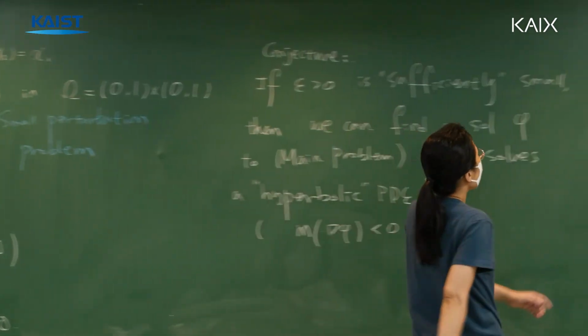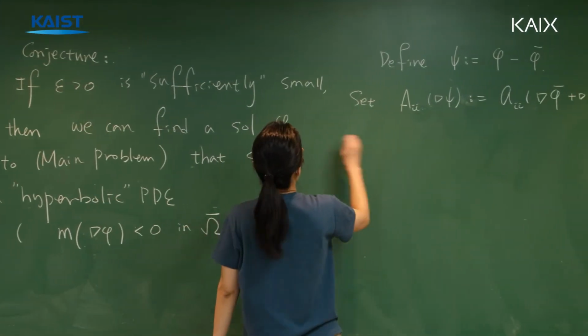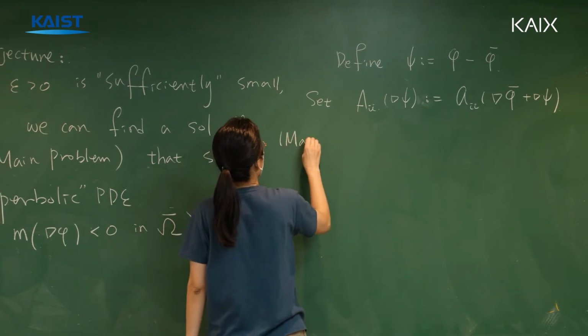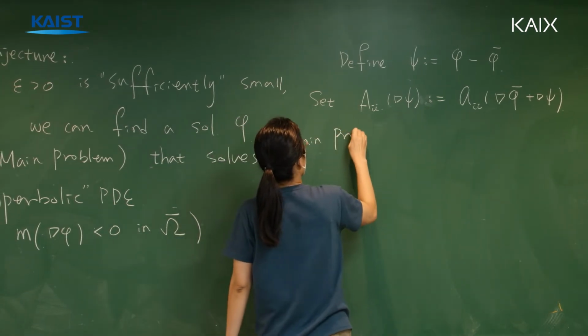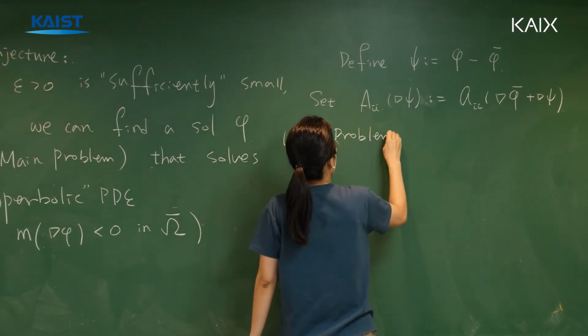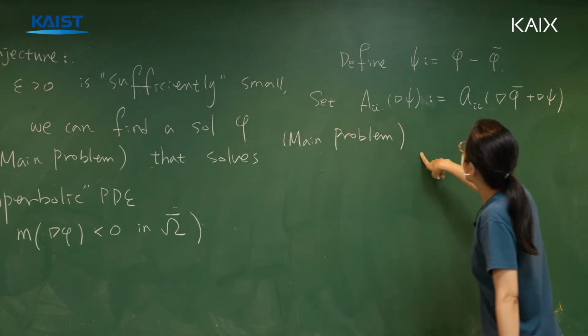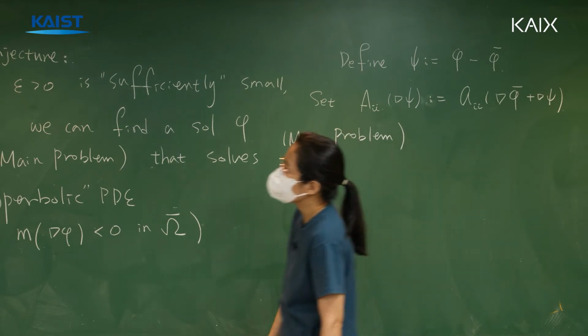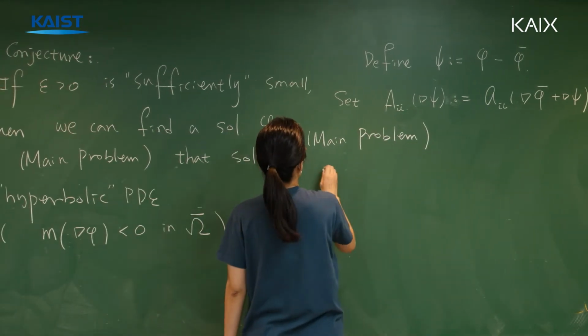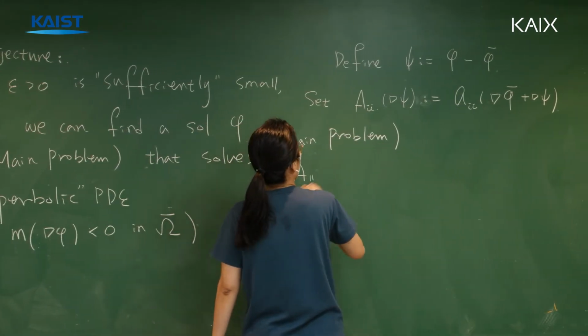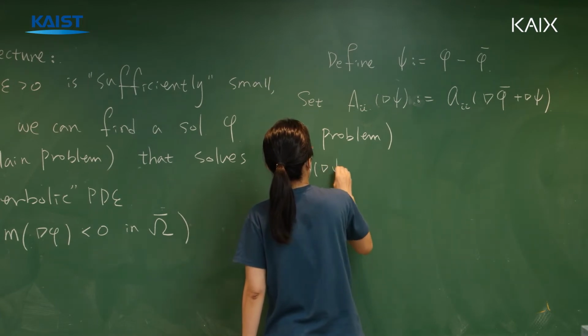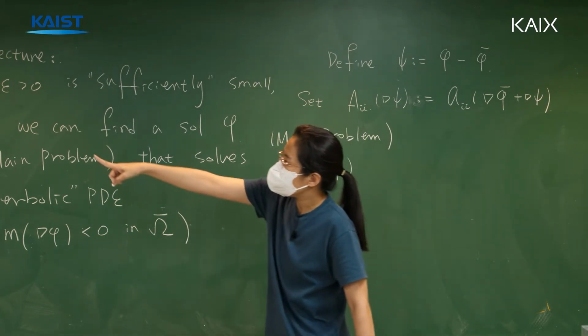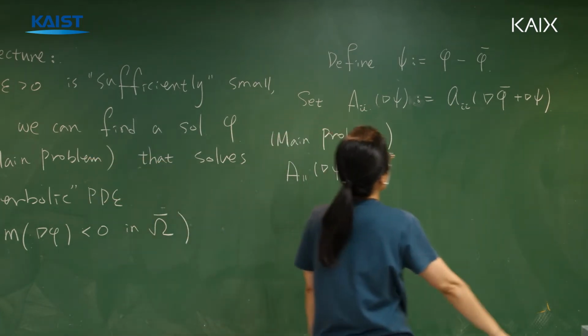All right, then we can rewrite the problem as follows. The main problem can be written in terms of psi as follows. First of all, we have A11 of grad psi, and then D11 phi. So let us take a look at this.